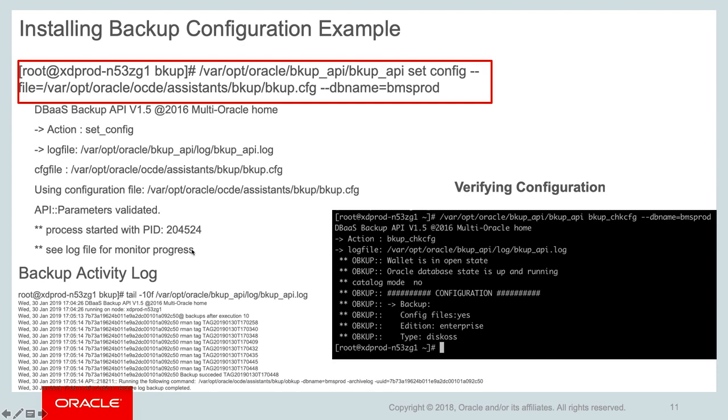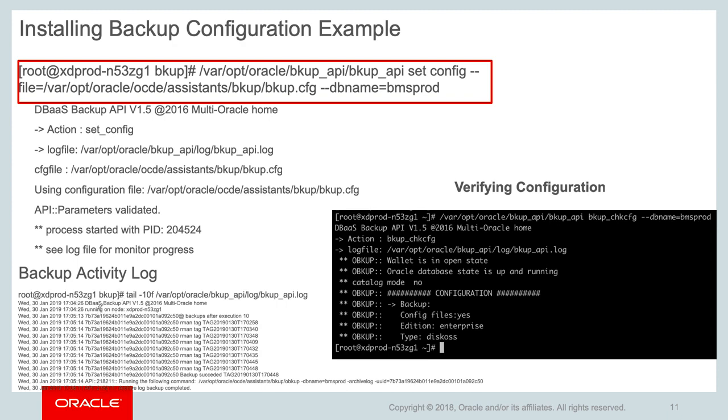Just for the backup activity log, I have given a tail of this backup_api.log, which I received from the command execution. In this one, you can clearly see that I have set the backup to start at 5 o'clock, just for testing purposes. This is not the complete output of the command.